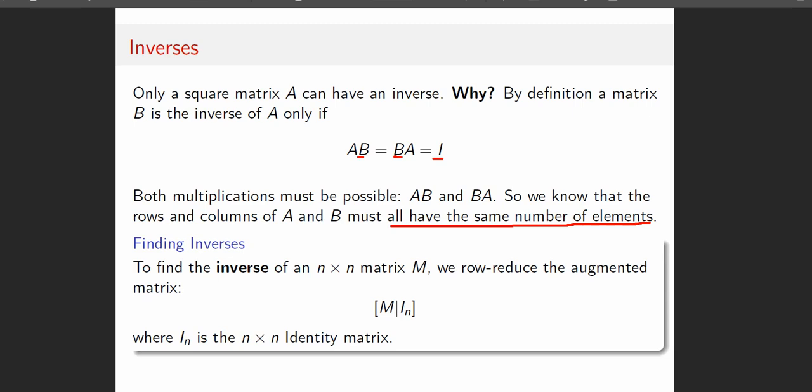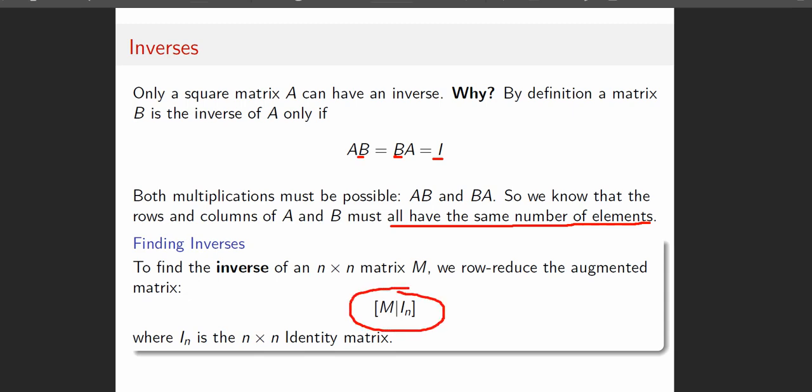Now, how do we find the inverse? It turns out we just take the matrix M and augment it with the identity matrix of the same size. In other words, M has to be square, so let's say it's n by n. If it's 4 by 4, we use the 4 by 4 identity matrix. If it's 2 by 2, we use the 2 by 2 identity matrix, and we augment them together.